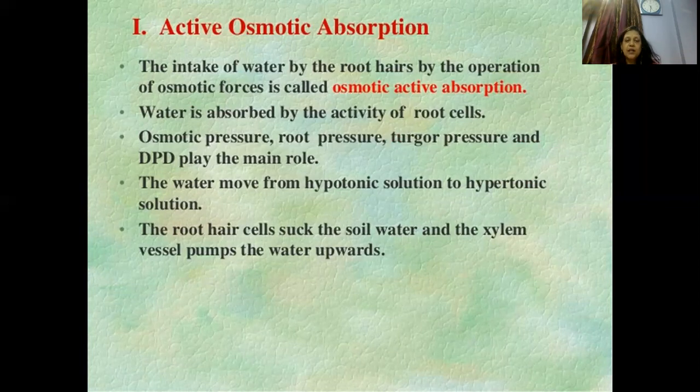Now what happens here? The osmotic pressure, the root pressure, the turgor pressure and the diffusion pressure deficit play a main role. Okay, and the water moves from the hypotonic to the hypertonic solution. So the root hair sucks the soil water and the xylem vessel pumps the water upward up to the leaves.